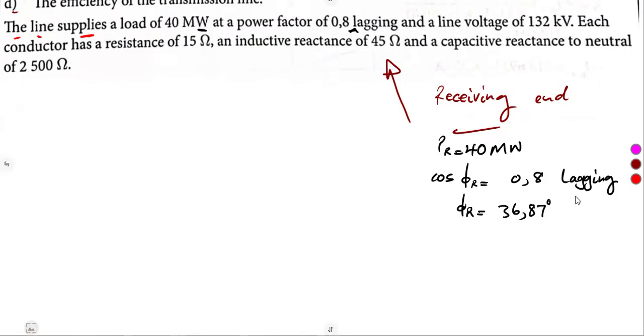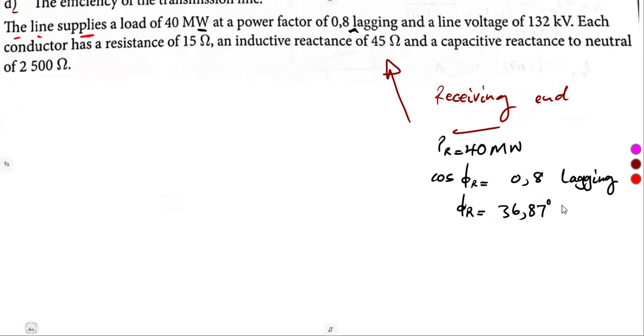So as we are going to represent the current from the voltage, remember this is between the current and the voltage, meaning wherever we are going to have the current and voltage on that side of the receiving end, we are supposed to consider 36.87.